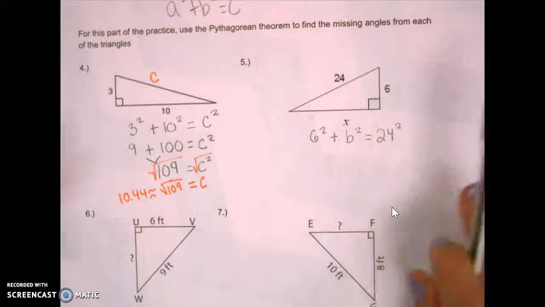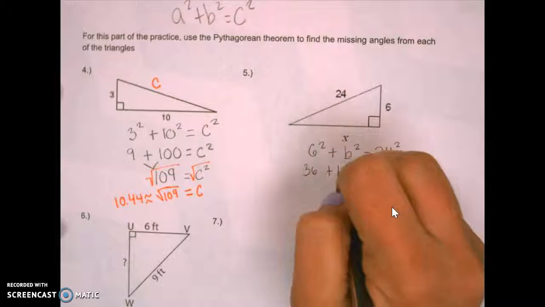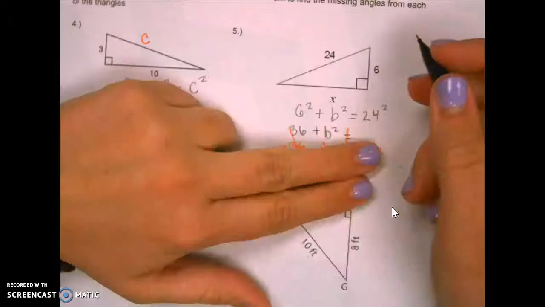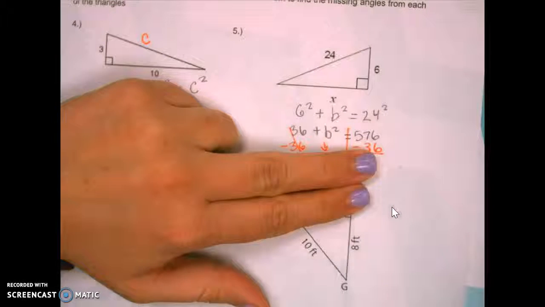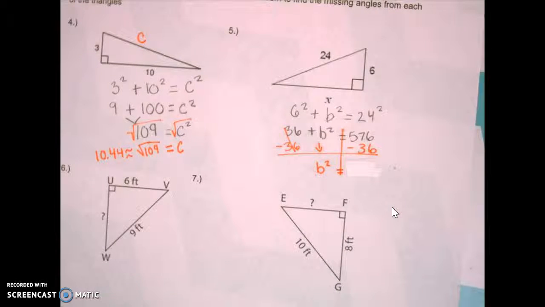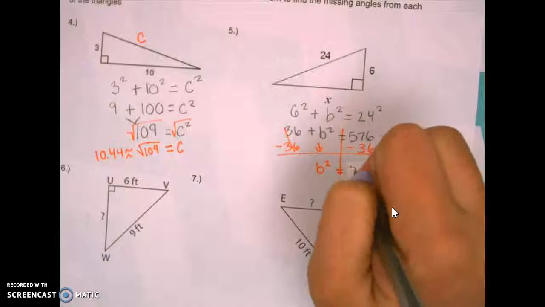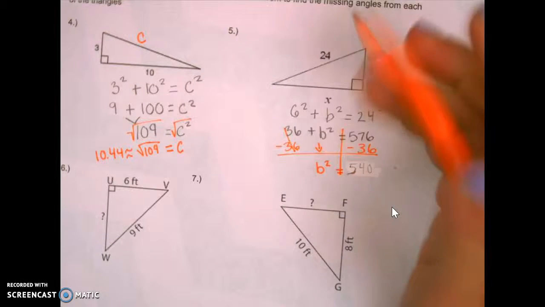Okay? So, 6 squared is 36 plus B squared equals 576. The next step I need to do is subtract 36 from both sides, and that is going to give me 540.